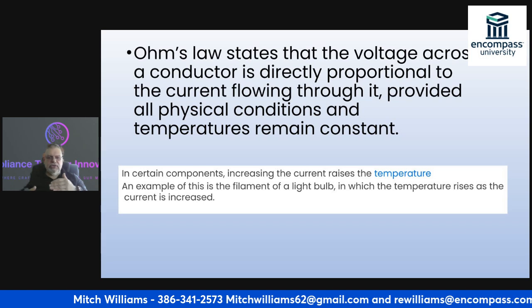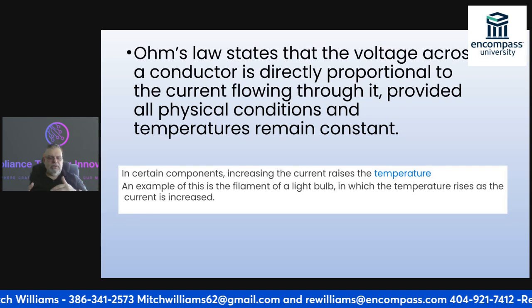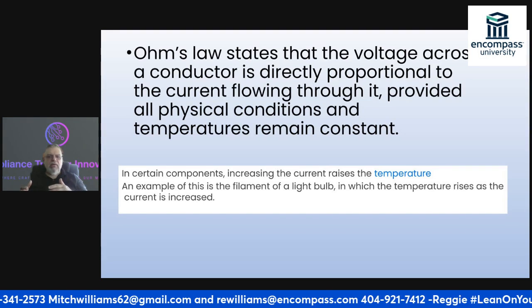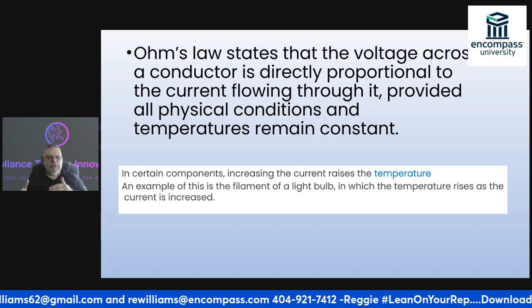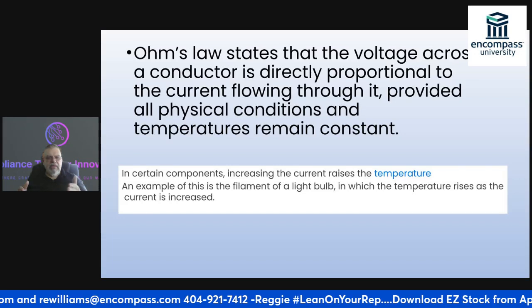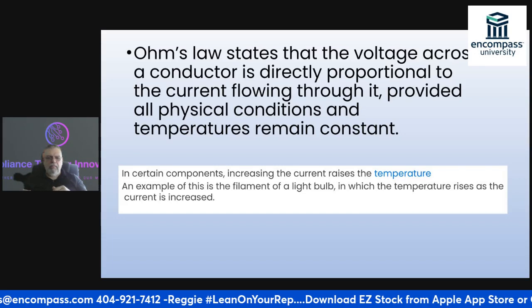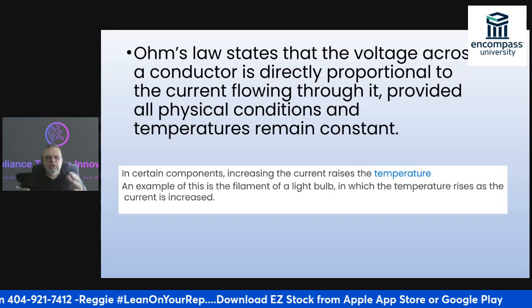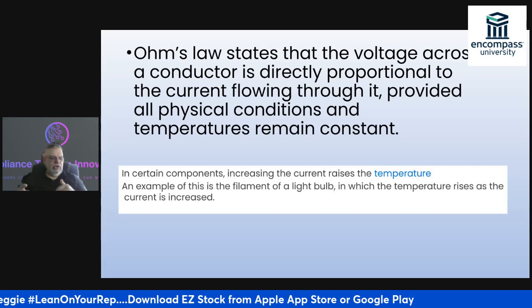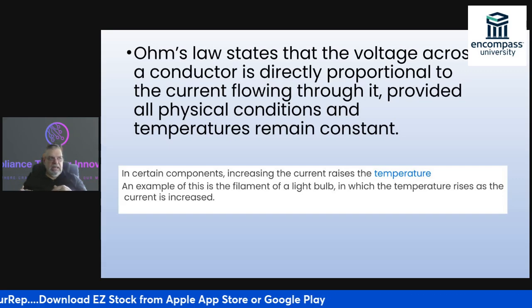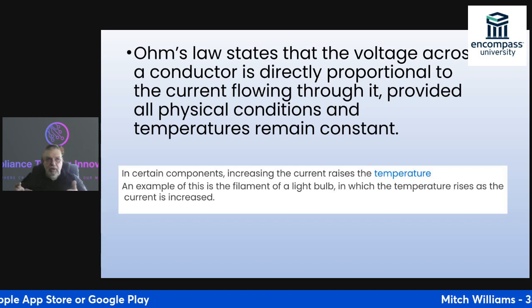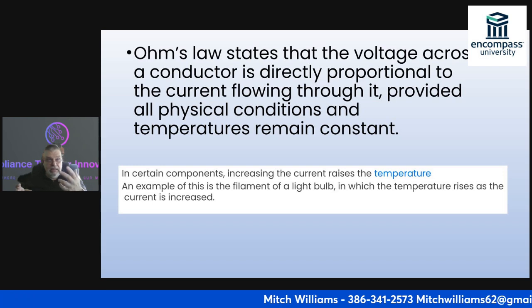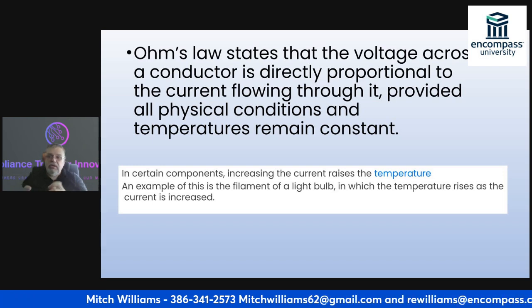In certain components, increasing the current raises the temperature. An example is the filament in a light bulb, where the temperature rises as the current is increased. If you think about your old incandescent light bulb, if you leave it on for a while, it gets warmer and warmer, and pretty soon you can't touch it.